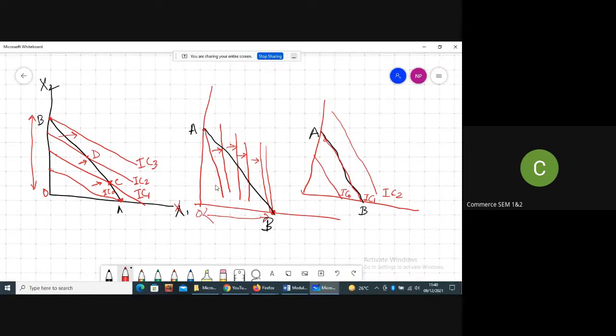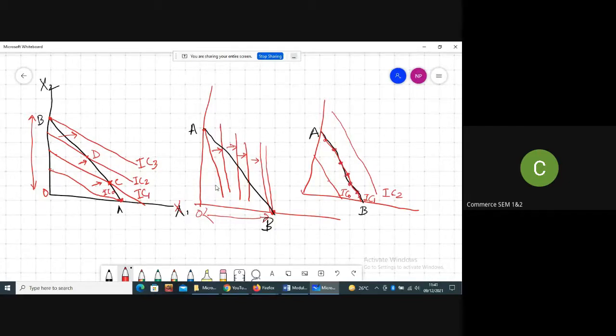So compared to this indifference curve, you can move to IC1. As IC1 lies on the same budget line AB, the consumer can purchase at any point on the budget line.